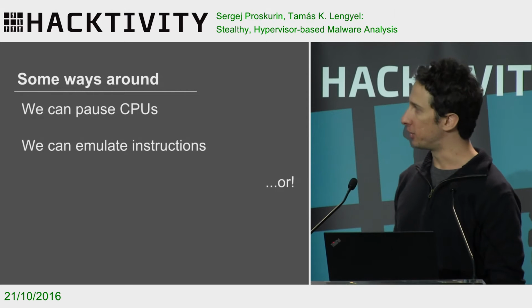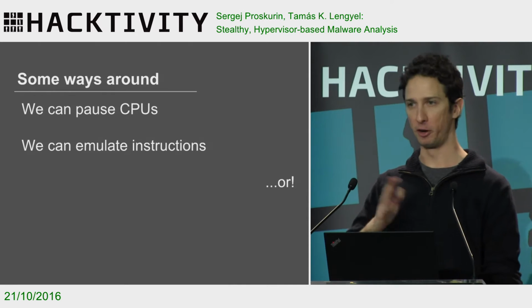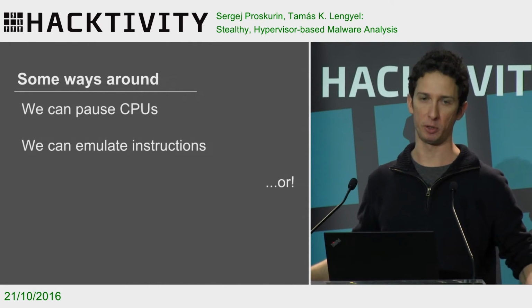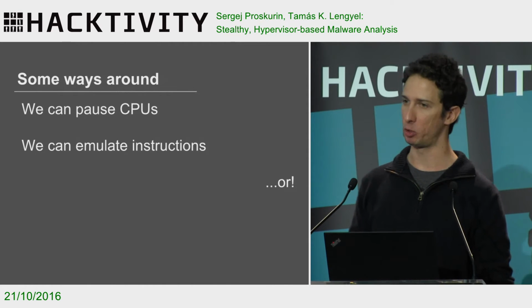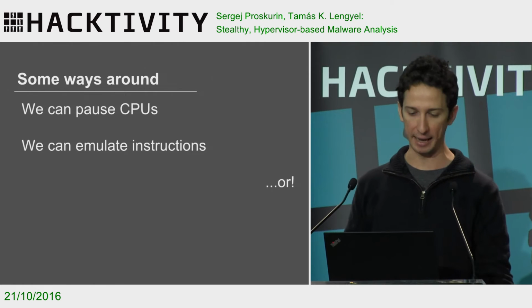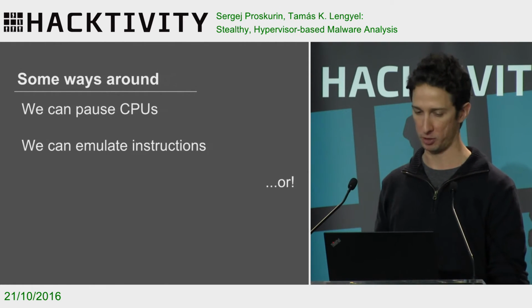There are some ways that we can deal with this. For example, while we have either the EPT trap or the breakpoint executing, we could pause all other vCPUs at the same time, but that would add pretty heavy overhead to your system. Or there is another system in Xen that has a full-blown x86 emulator within the hypervisor.